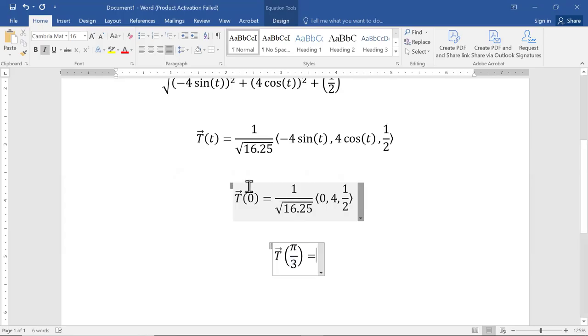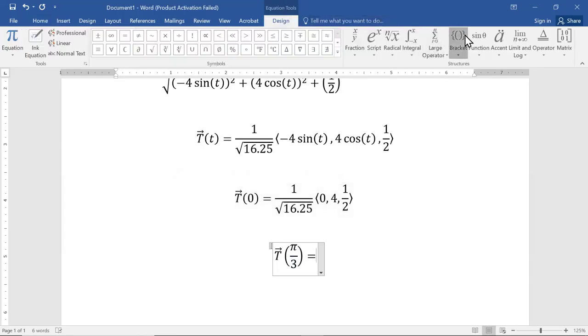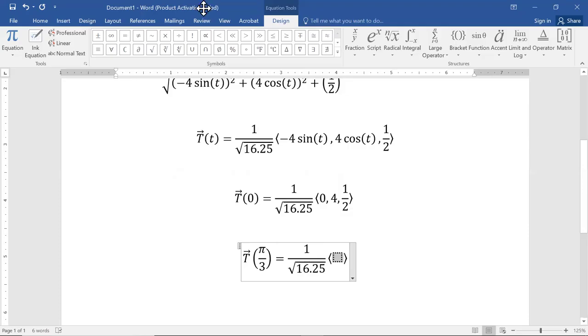Let's do the same thing when we plug in pi over 3. When I plug in pi over 3, first off, I have this coefficient out front. I like keeping it out front. Some people may like distributing it into each component. Either way, it's fine.